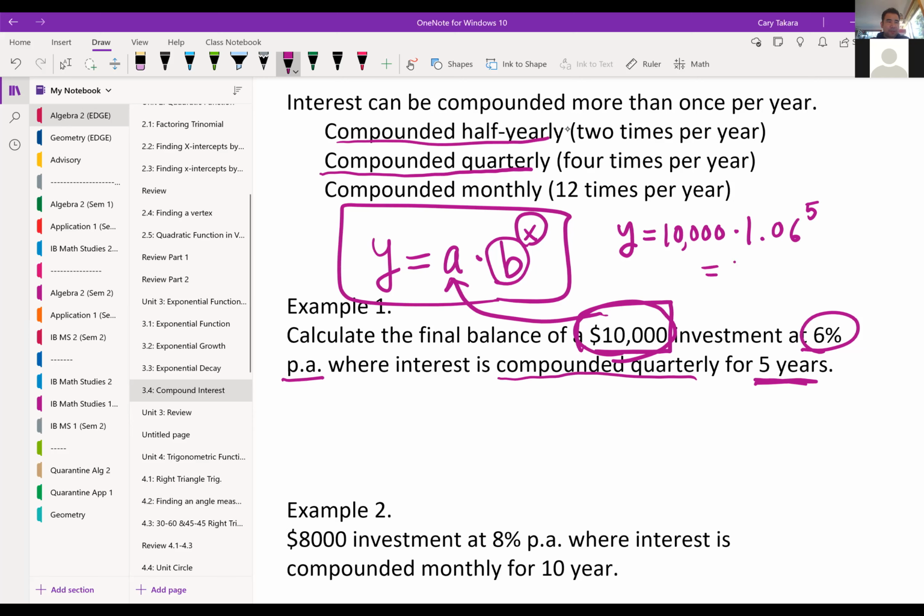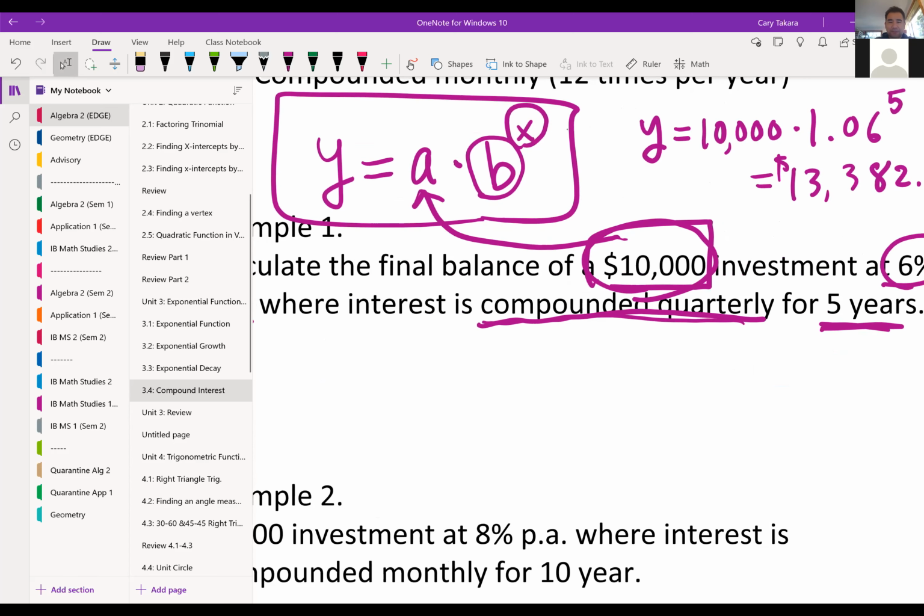So your investment will be 13,382.26. That's if you were receiving once a year. But this time it's compounded quarterly, so it's going to be a little bit different.